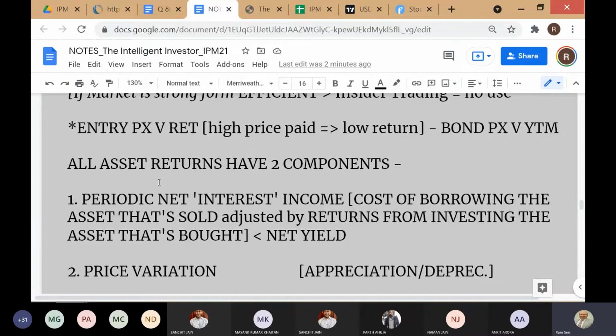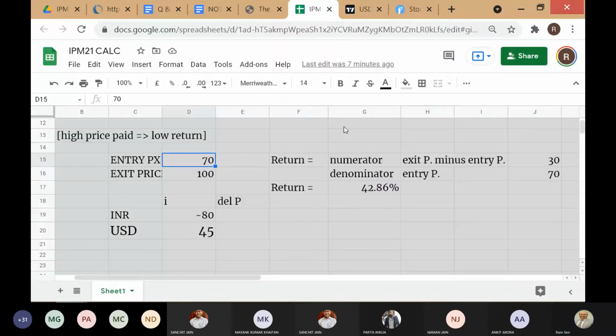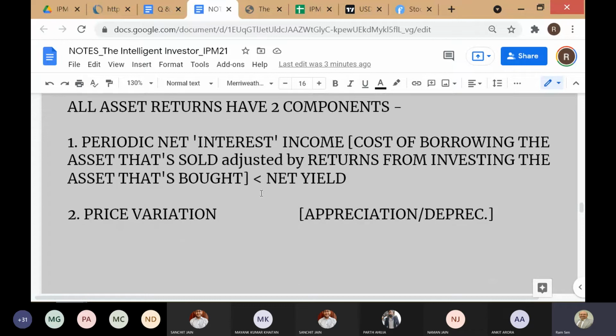The reason I wanted to go into this, although it is a very simple statement and may be obvious to people, is that it's still better to show it mathematically that, indeed, when you change the entry price, it changes the return. And it also tells us the way to understand all asset returns, two components, and that tells you how to analyze investments. You have to look at the cost of funding.